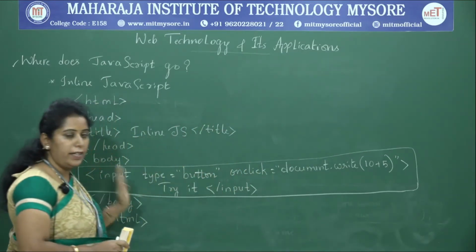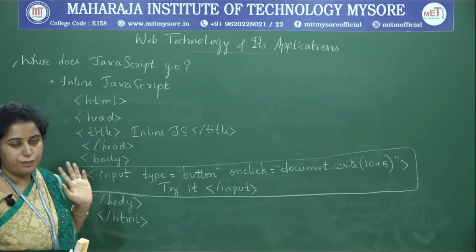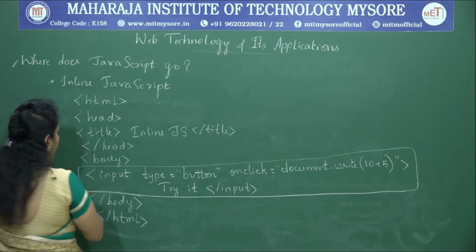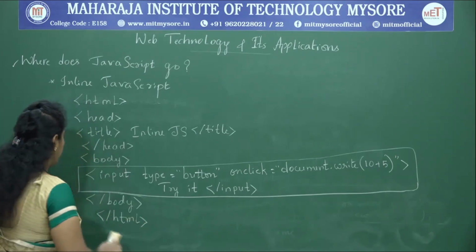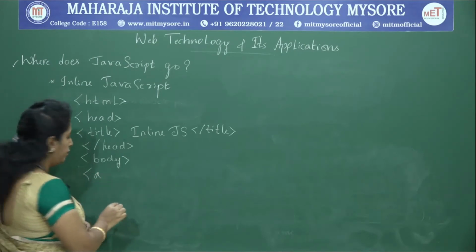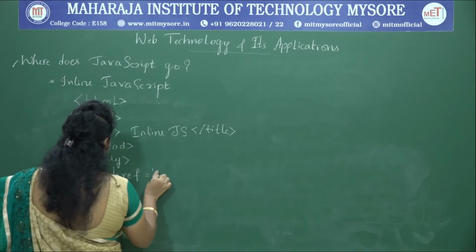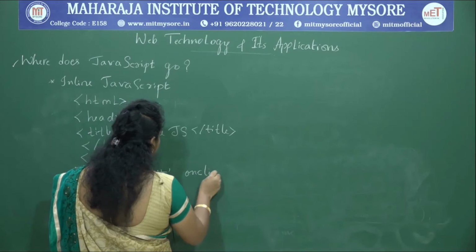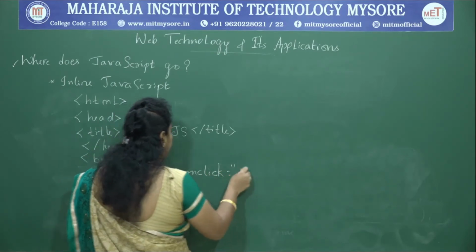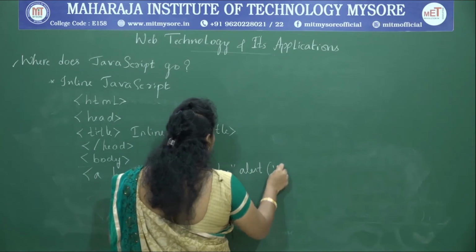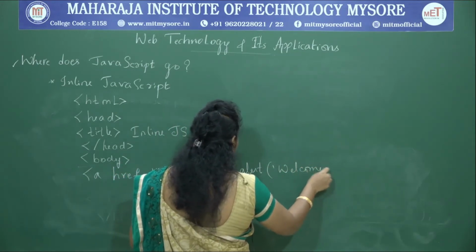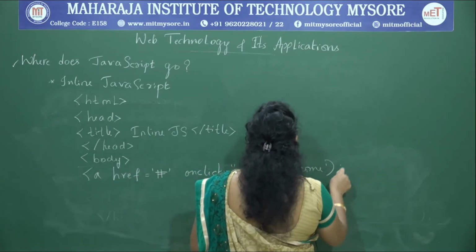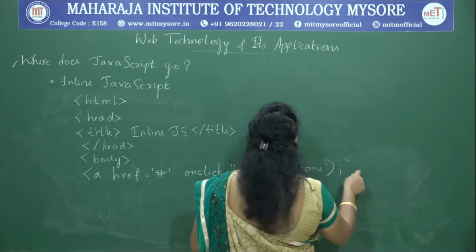So this is what inline JavaScript is. Now I am going to take one more example on this. I am going to use an anchor tag, href equals hash, then onclick I am giving alert welcome, then close these double quotes.